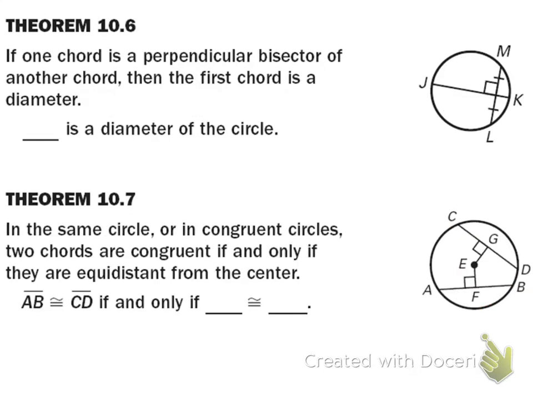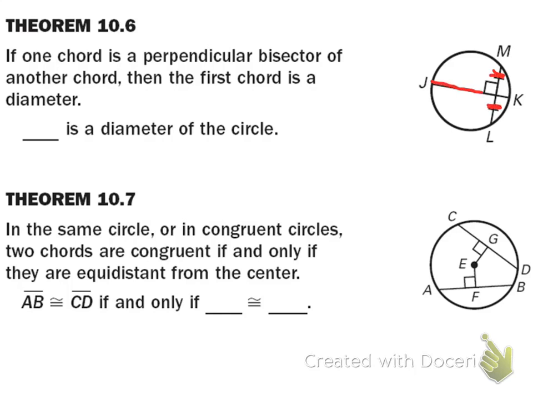Let's look at the next theorem. If one chord is a perpendicular bisector of another chord, then the first chord is a diameter. This is the converse of the theorem that we just discussed. In this theorem, instead of knowing that this is the diameter, we're going to figure out that it is the diameter. Because we see that this chord is perpendicular to another chord, and we should also notice that the chord bisects this chord that it's perpendicular to.